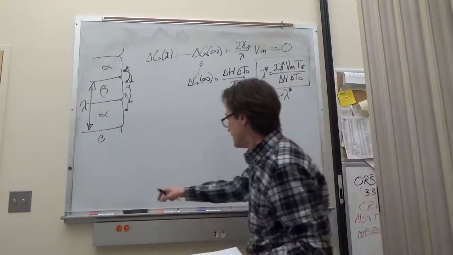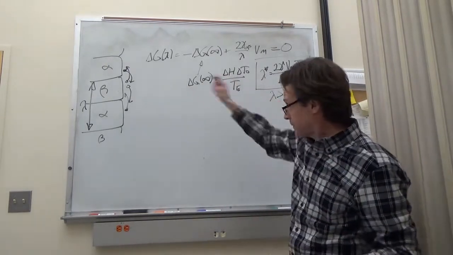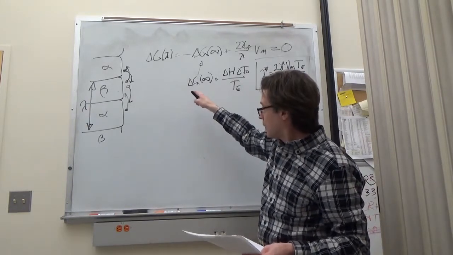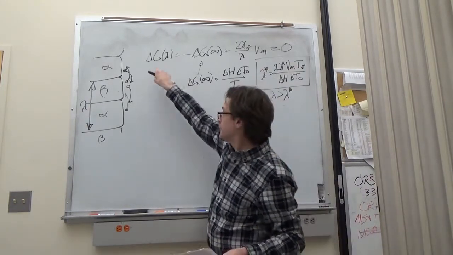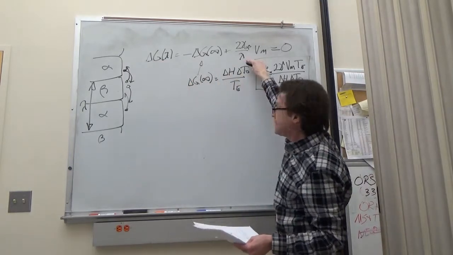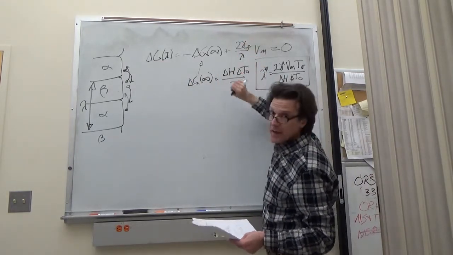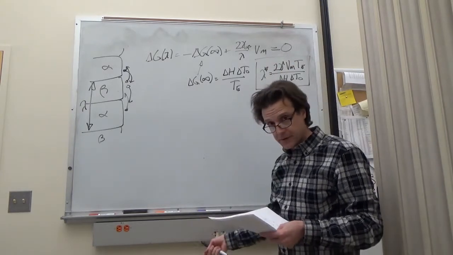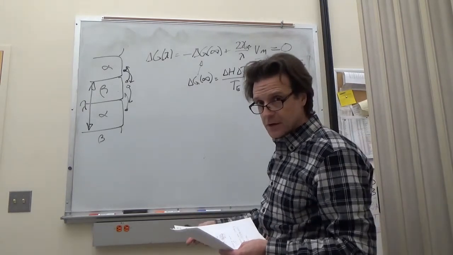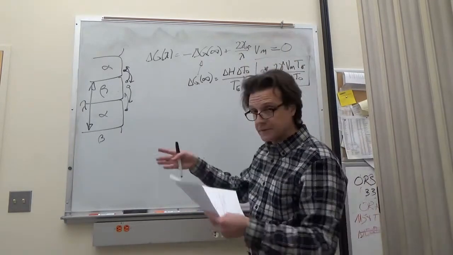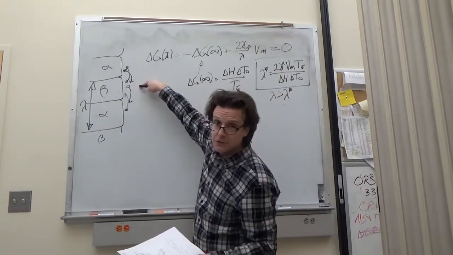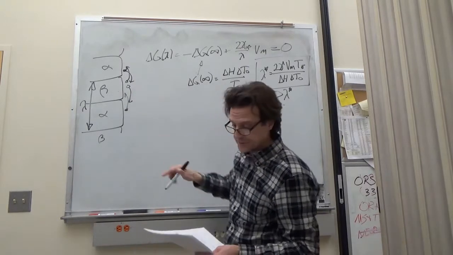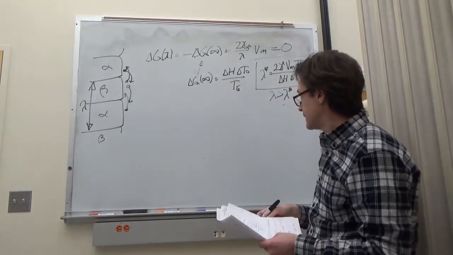Now, thinking about this, we know that if we want the maximum thermodynamic driving force, then lambda goes to infinity. So this term goes away, but we don't observe that. And that's because we have kinetic processes in addition to thermodynamics. So if these are infinitely far apart, then the lateral diffusion becomes a problem. And this is what stops the growth.